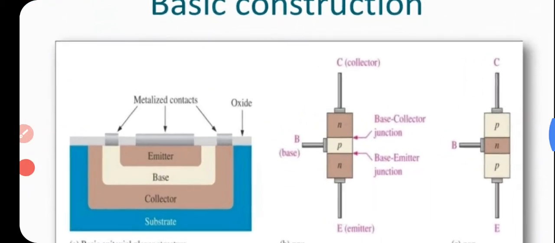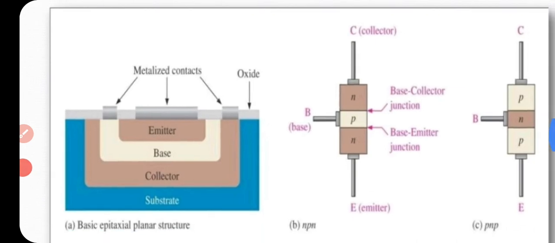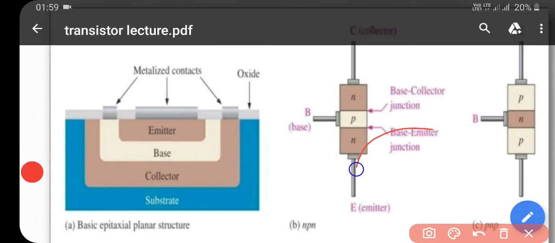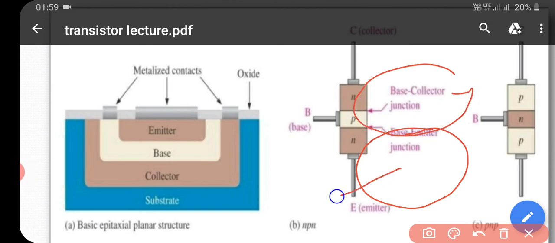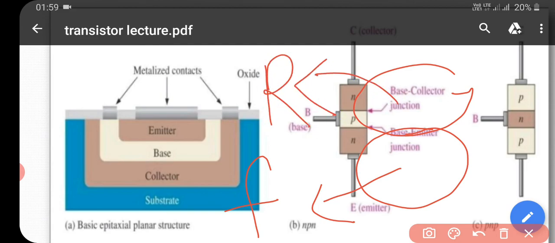Basic construction. BJT has three regions, three terminals: emitter, base and collector. There are two junctions, base emitter junction and base collector junction. Base emitter junction is always forward bias, base collector junction is always reverse bias.